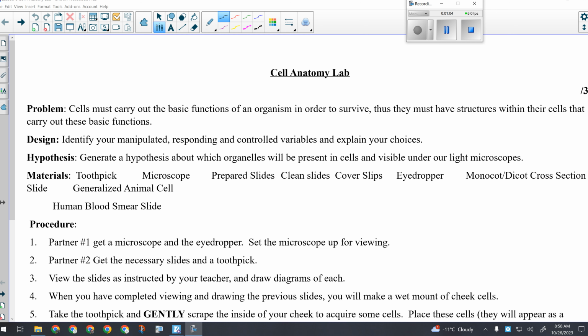So we should be able to get a pretty good idea of what structures would be necessary for any type of cell to carry out the basic functions. So we are looking at 3 different cells. What we're looking for in each of those 3 different cells is what structures are present. We want to make a note of anything we see in each one of those cells.